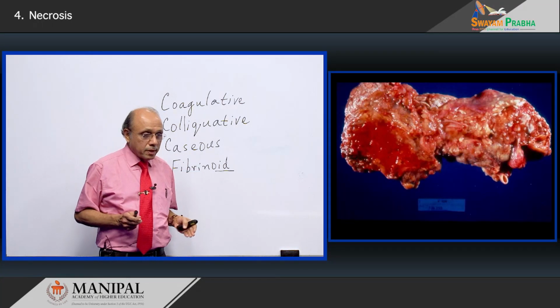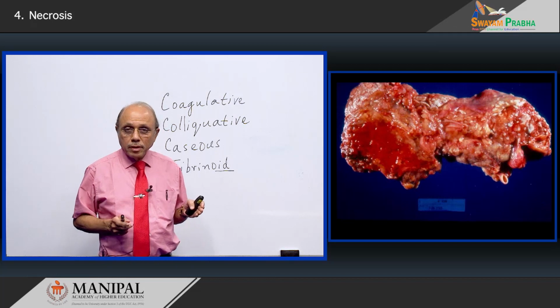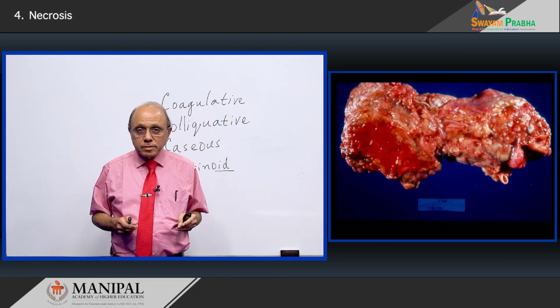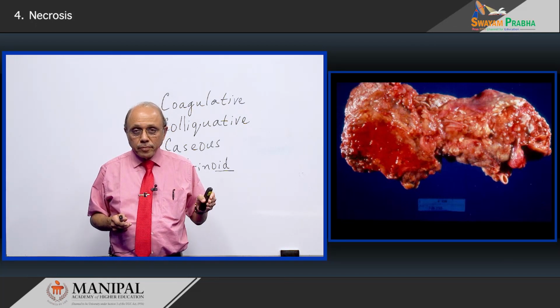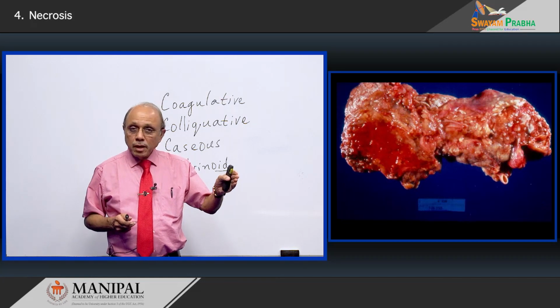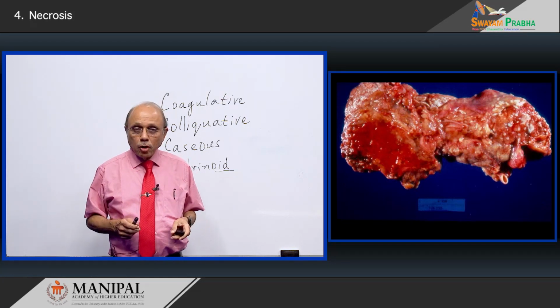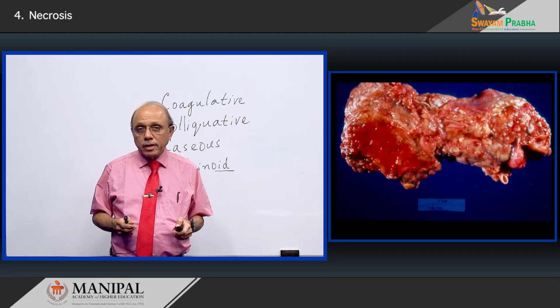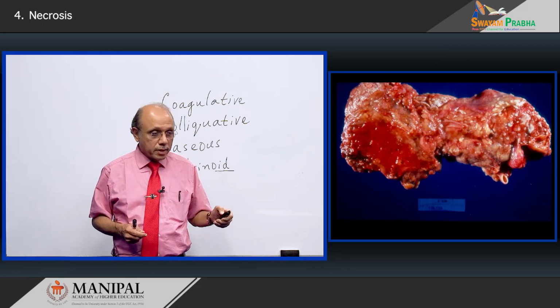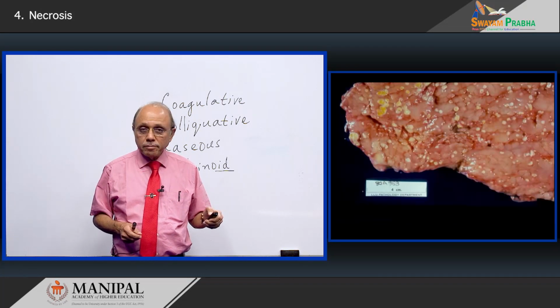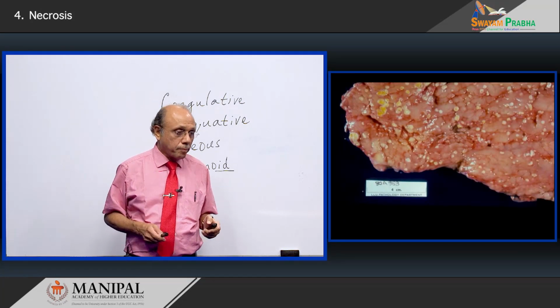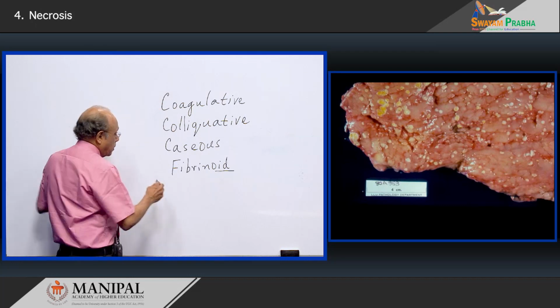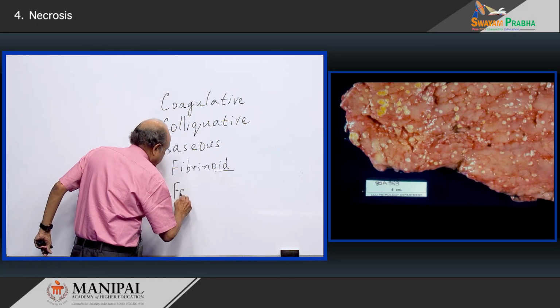You now see the pancreas in acute pancreatitis. This is a very characteristic, almost pathognomonic finding when you encounter a patient with acute pancreatitis. Here what we have is fat necrosis. What is fat necrosis?